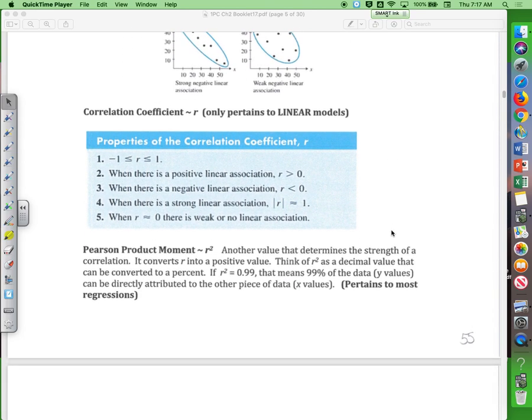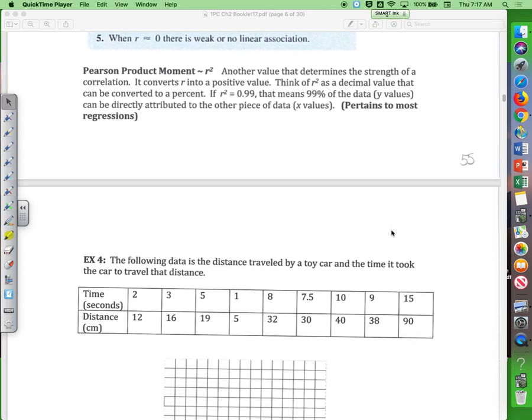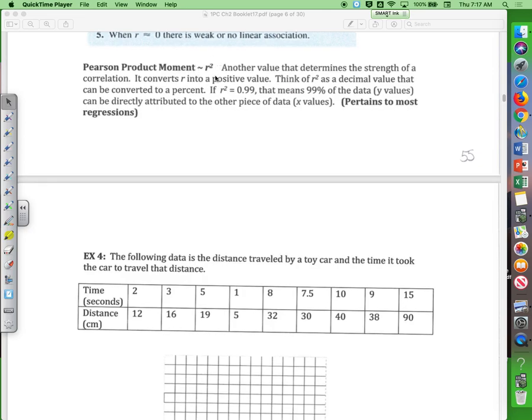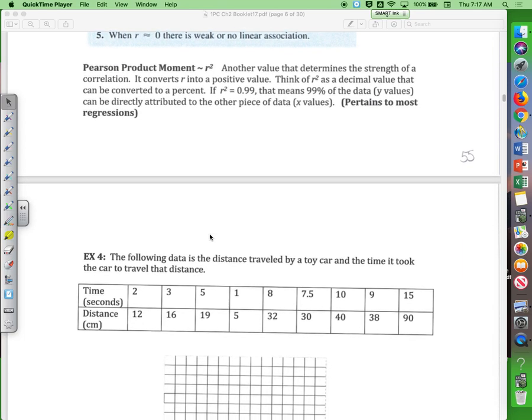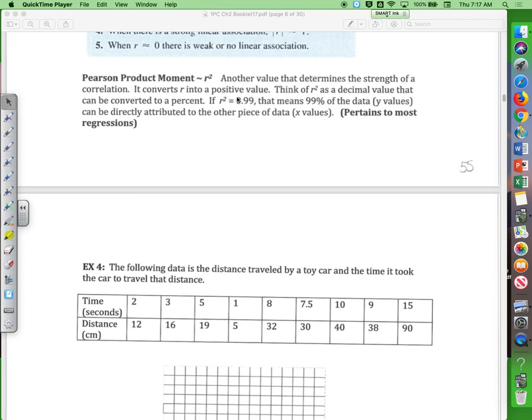Pearson product moment, R squared, is a value that will pop up for more of the correlations that we'll look at. What it does is it takes that R value we just talked about and squares it, which makes it positive, which makes it a percent. If you get an R squared value of 0.99, it means 99% of your Y values are directly attributed to the X values.